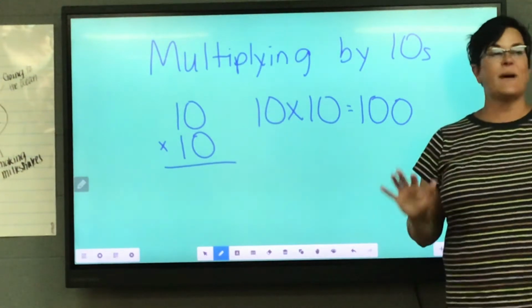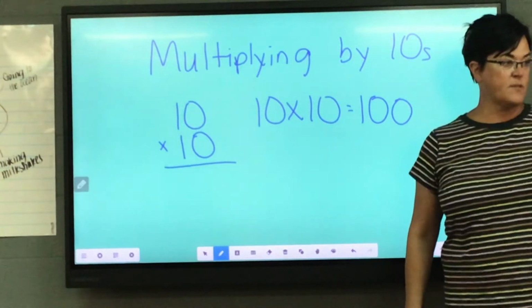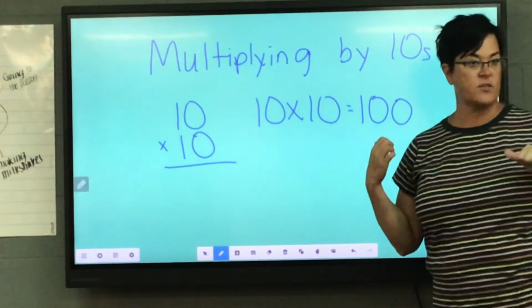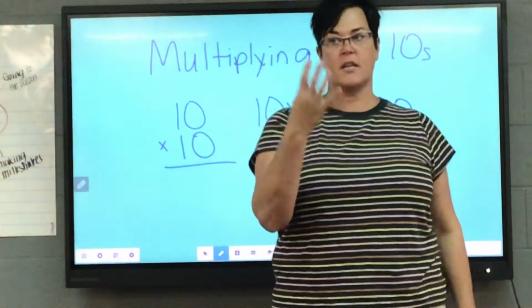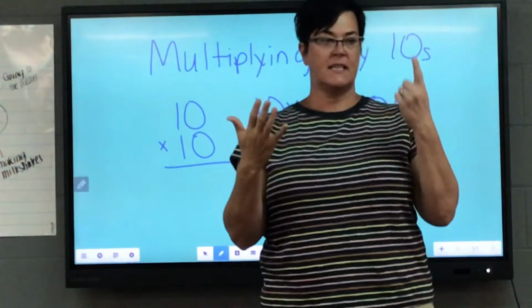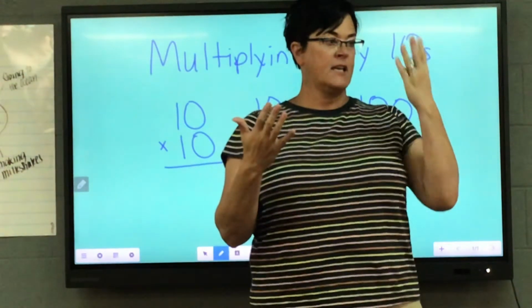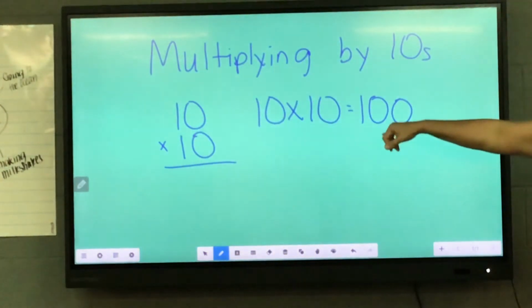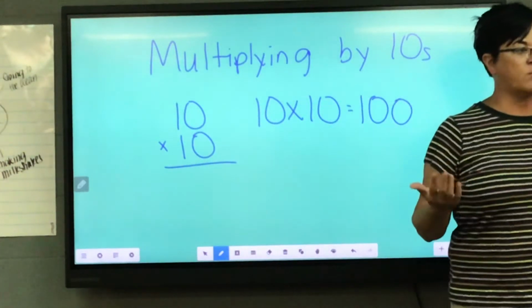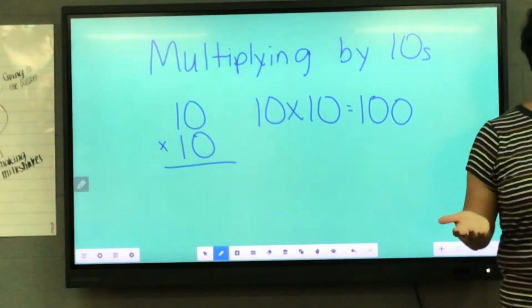If we count by tens 10 times, let's see if we get this answer. 10, 20, 30, 40, 50, 60, 70, 80, 90, 100. Is that right? 10 times 10 equals 100.